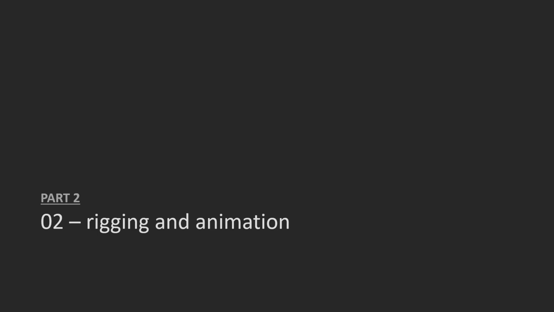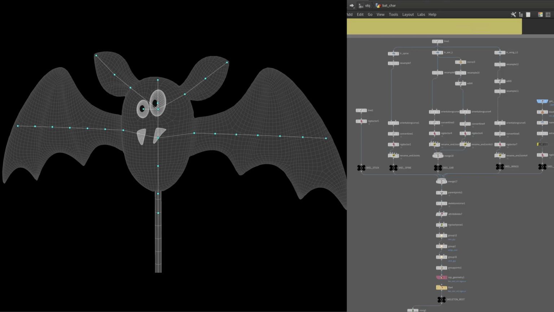Part two of the part two, rigging and animation. So rigging, I don't know how to rig. I'm not Magnus. I don't have Magnus in the next room, so I could ask him, Magnus, can I get a nice rig? No, I don't have the luxury of that.